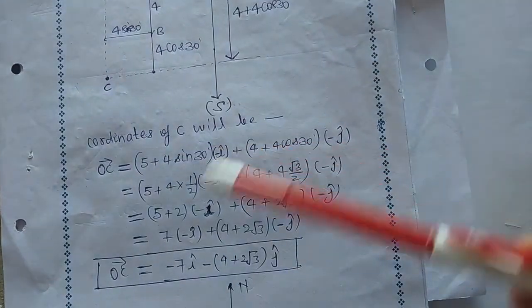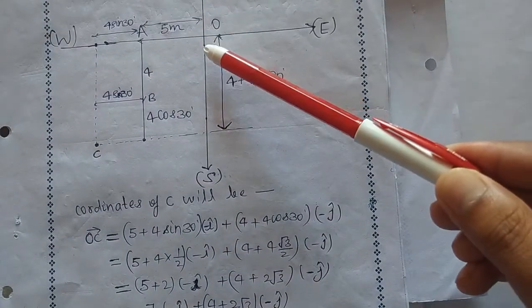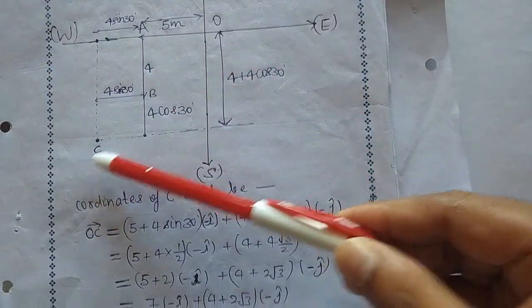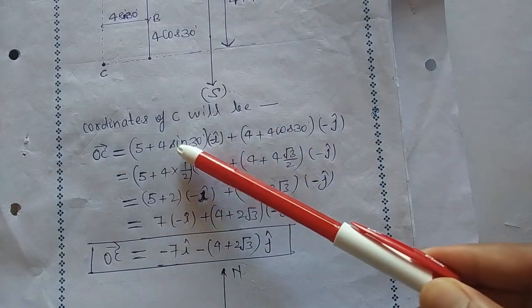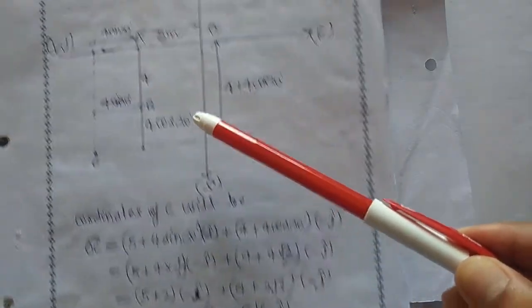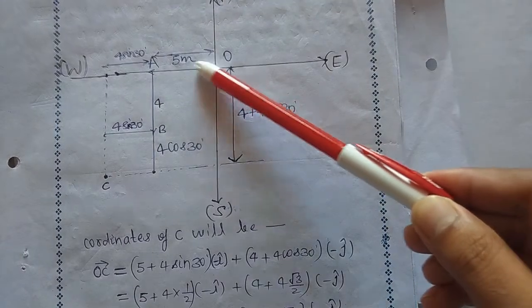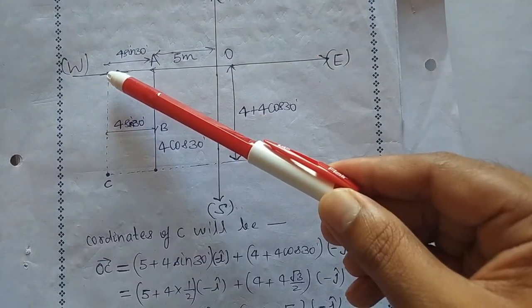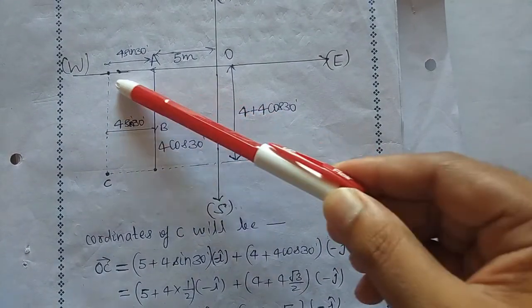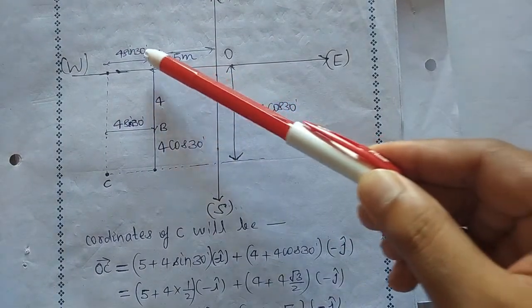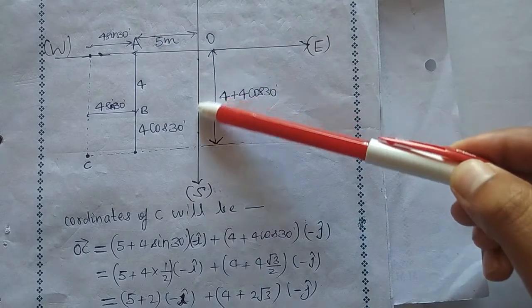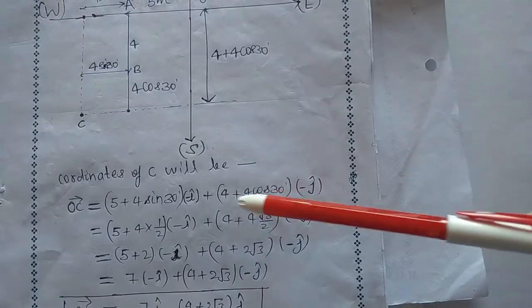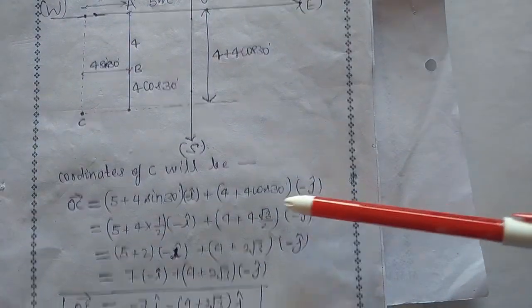The OC vector will be minus of (5 plus 4 sin theta) i cap, because this distance is along the negative x-axis, and minus of (4 plus 4 cos theta) j cap, because this is along the negative y direction.